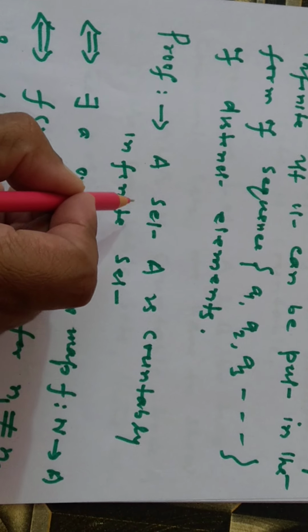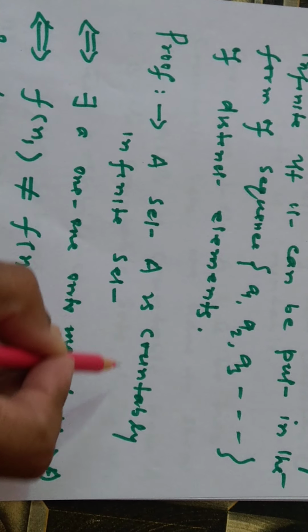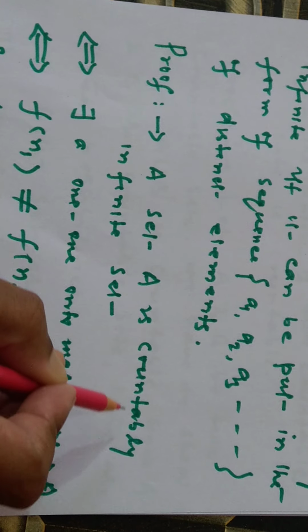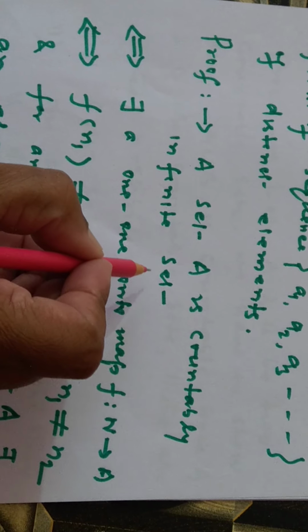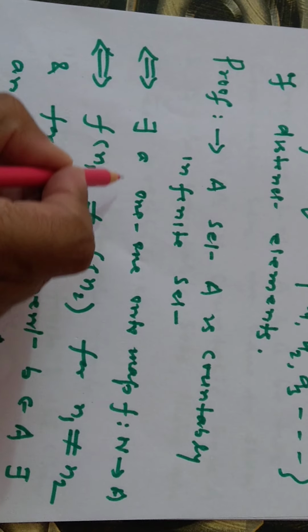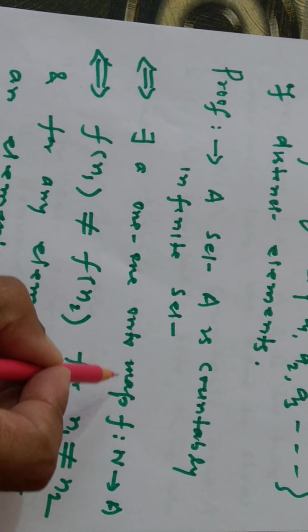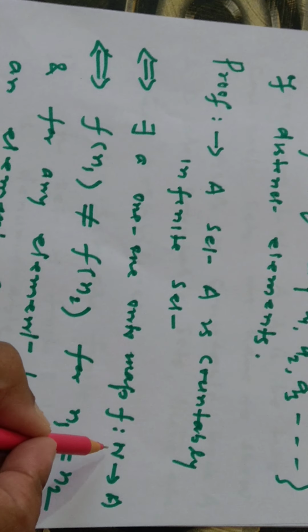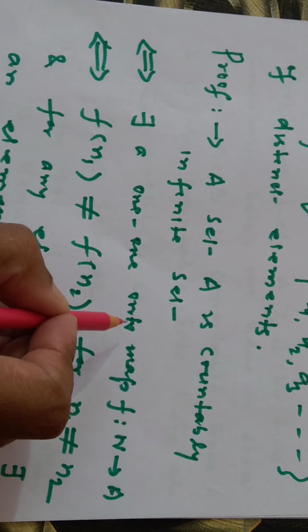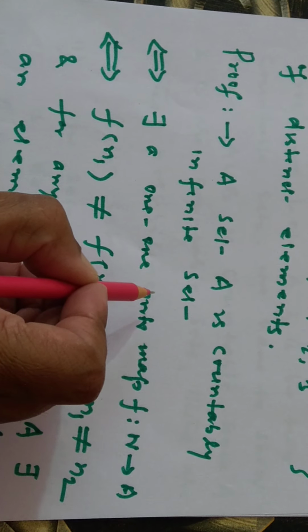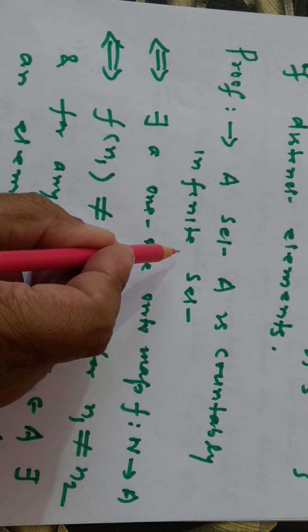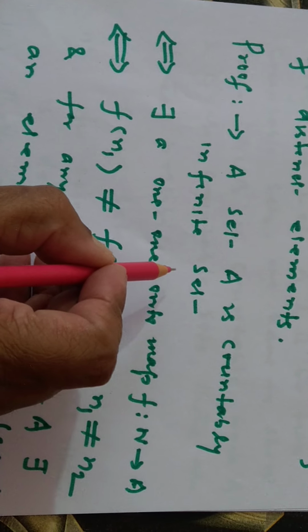Let us suppose that the set A is a countably infinite set. Then, by the if and only if condition, there exists a 1-1 onto mapping f from N to A. We have already discussed in the previous video under what condition a set is said to be countably infinite, enumerable or denumerable.